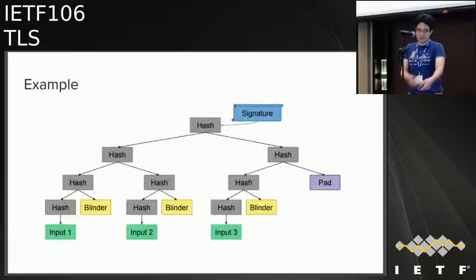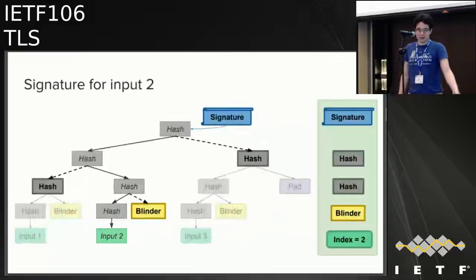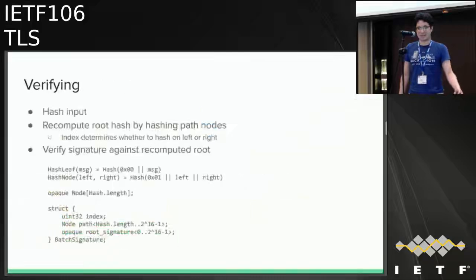So if you have, say, 3 clients come in at once and your signing thread wakes up and you need to make a signature, you build a Merkle tree on top of this. I'll talk about what the weird blinder nodes are later. Sign the root, and then you ship the nodes to the side of the path to each client. And this costs only logarithmically many. Okay, these are not very coherent slides after all. To verify, you do the usual Merkle tree verification.